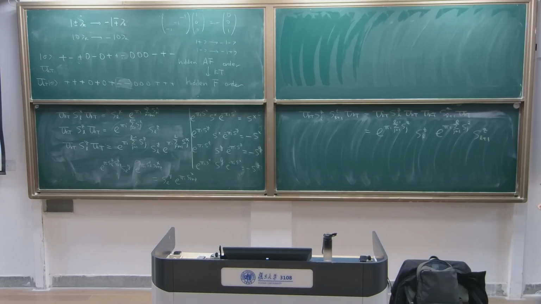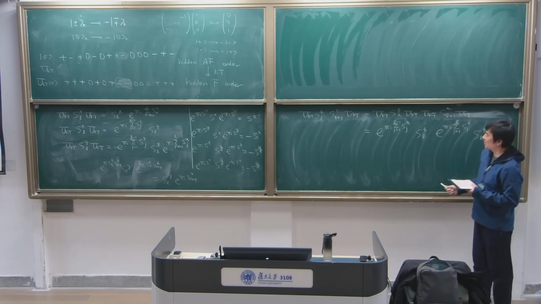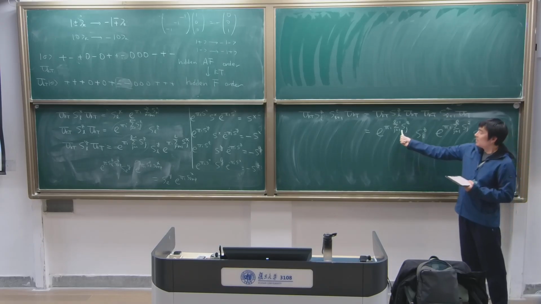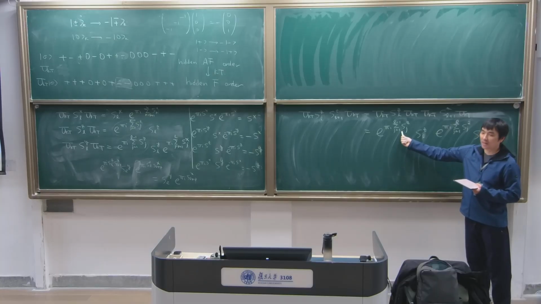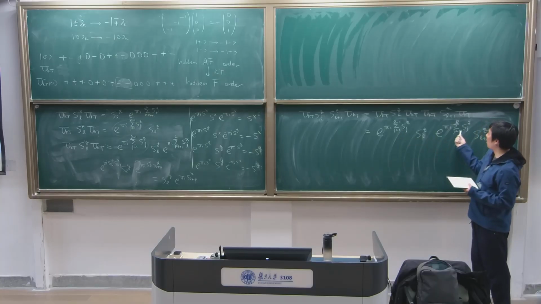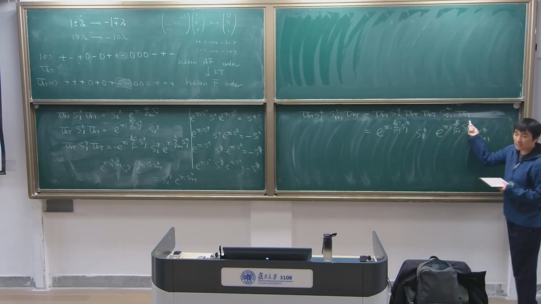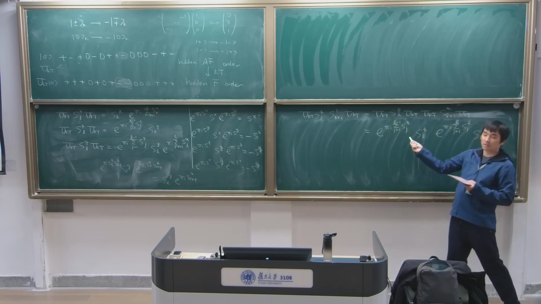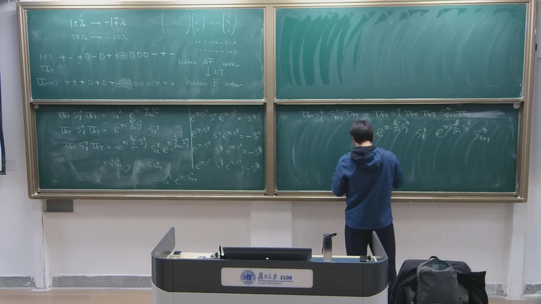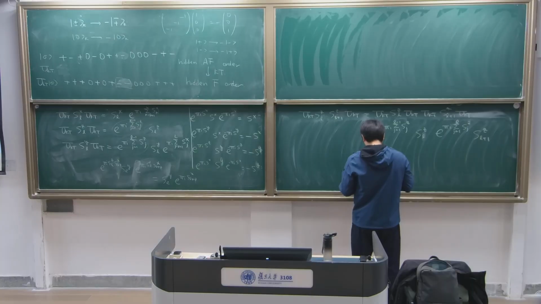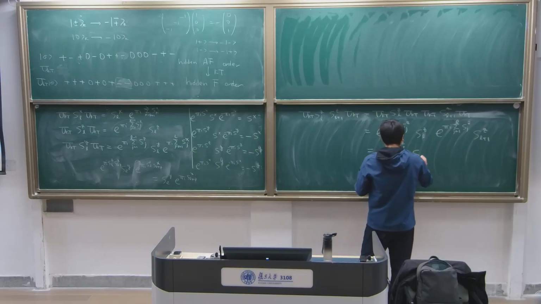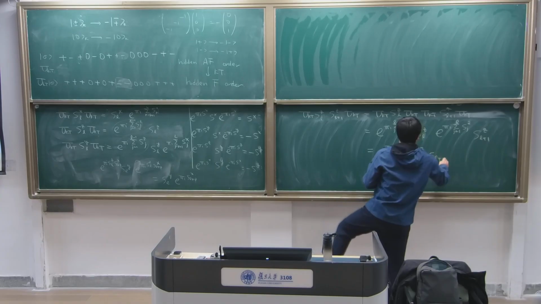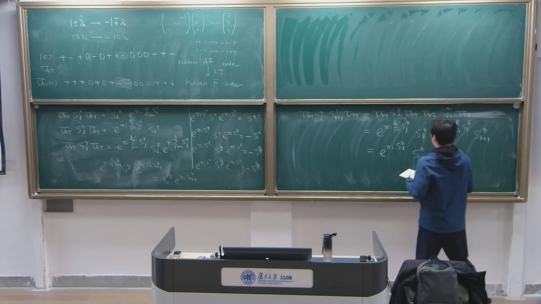Is that okay? But now here, if it is even or odd, what's relevant in the exponent is this plus S_L^z. Therefore, this part just cancels, and what's left is e to the pi i S^z_L S^z_{L+1}.